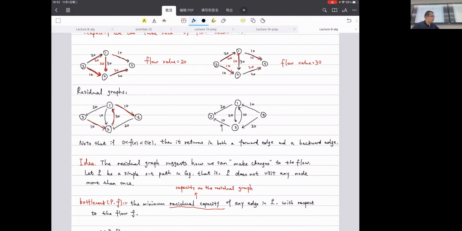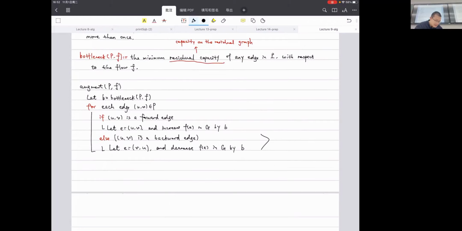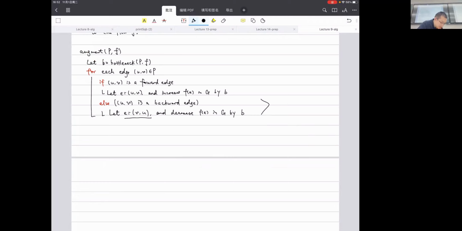Due to the definition of the residual graph, this is the value we are going to take back. This is why we write e equals (v, u) here, because the edge from v to u is an edge in the original graph G. We are considering a backward edge and we want to decrease the corresponding value, which is why we decrease f_e in G by the value of B.